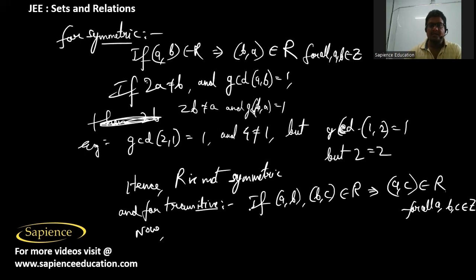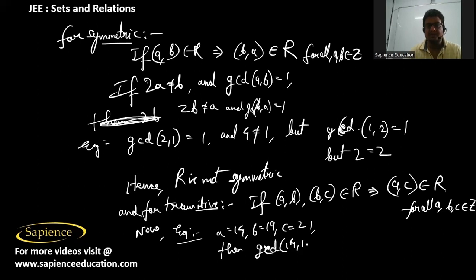So now, if (a, b) belongs to R, we can take an example. Let's say we take a as 14, b as 19, and c as 21. Then the greatest common divisor of 14 and 19 is equal to 1, and 2a, that is 2 into 14, is not equal to 19.